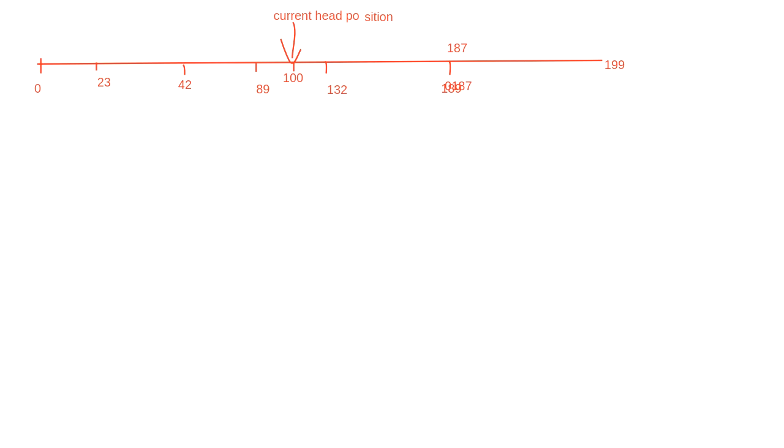Now, according to first come first serve, the first request is 23. So from 100, it will go to 23. From 23, the next request is 89, so it will go to 89.